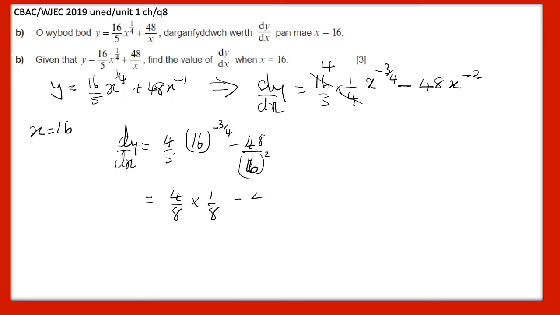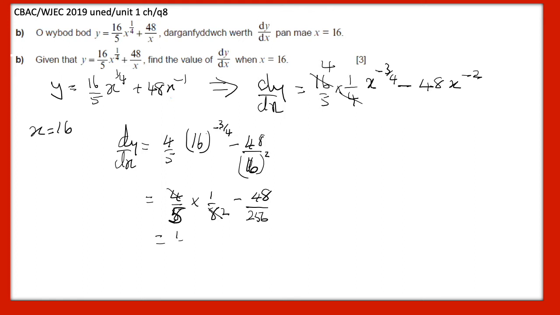48 over 256. And that cancels down, so obviously, why have I written an 8 there? It's 4/5, silly person. I've got a cancellation going on here.